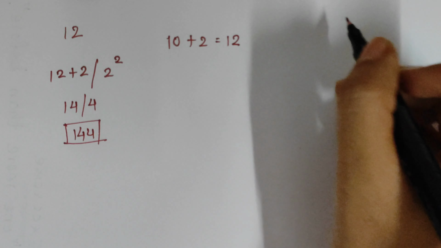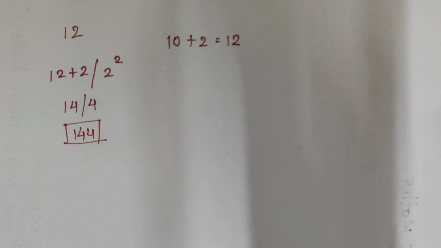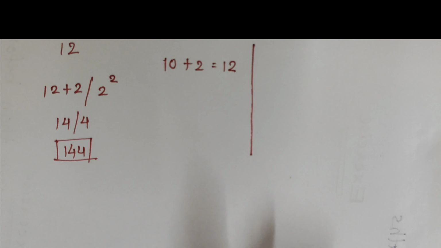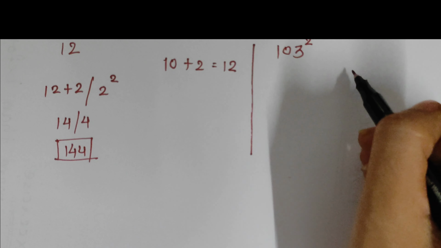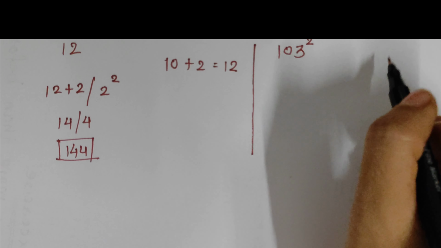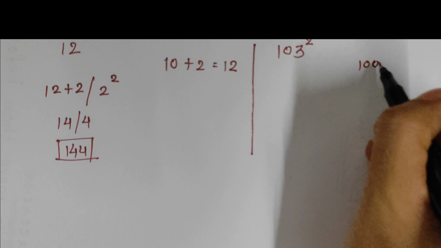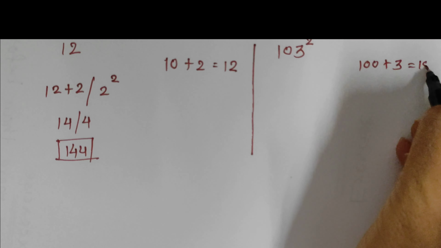With the same calculation, we find the square of 103. Here the base is 100 and the deviation is 3.